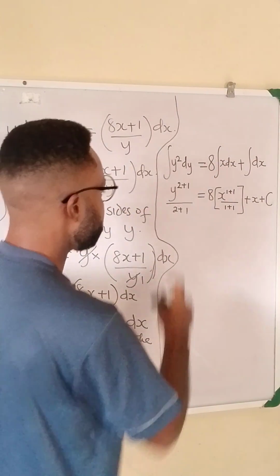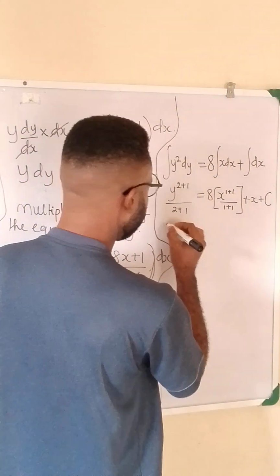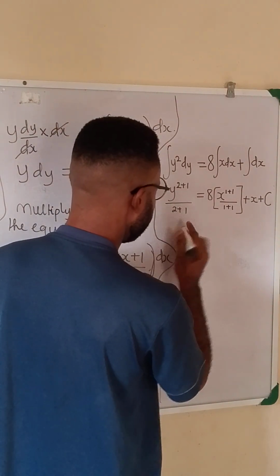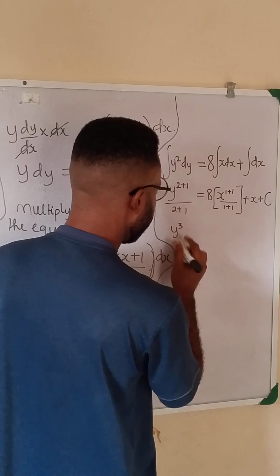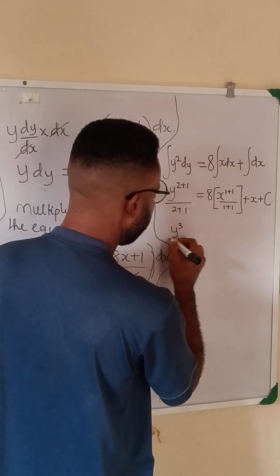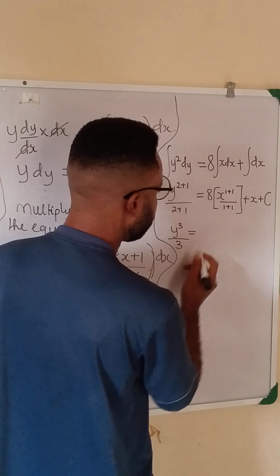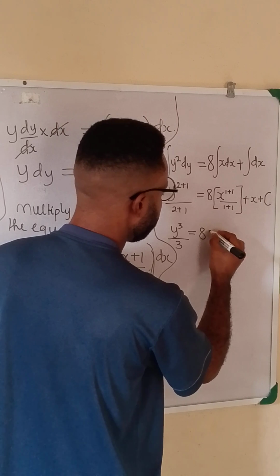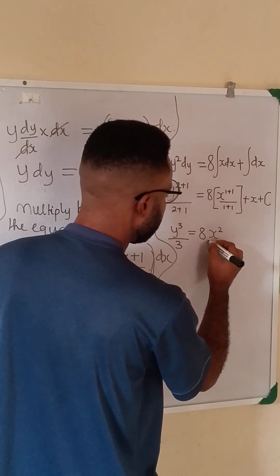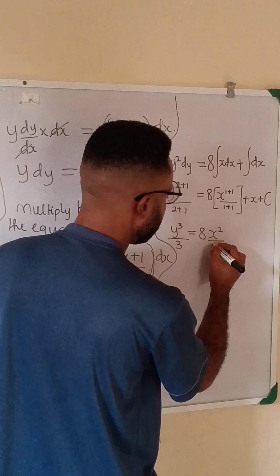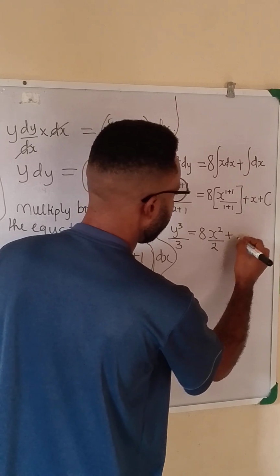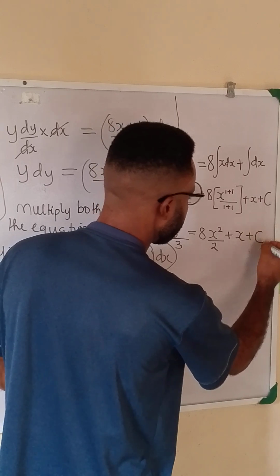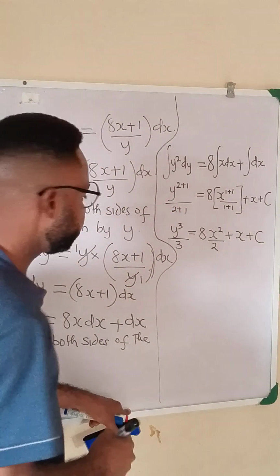And so when you solve this, y raised to power 2 plus 1 will be y raised to power 3, and then 2 plus 1 here will be 3, equal to, we have 8, x raised to power 1 plus 1 will be x raised to power 2, divided by 1 plus 1 here will be 2, plus we have x, which is this one, plus our constant of integration.